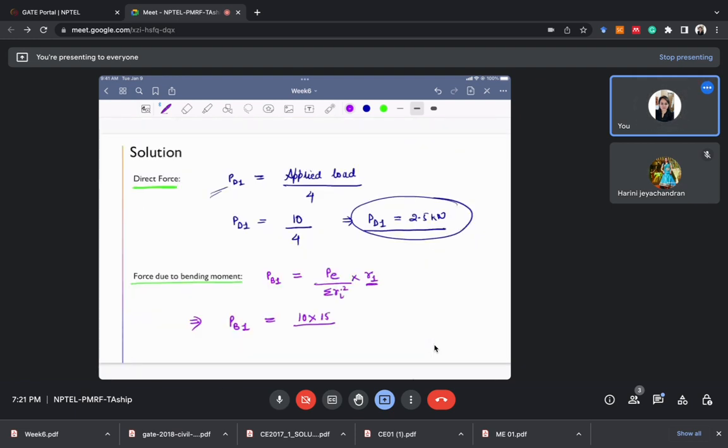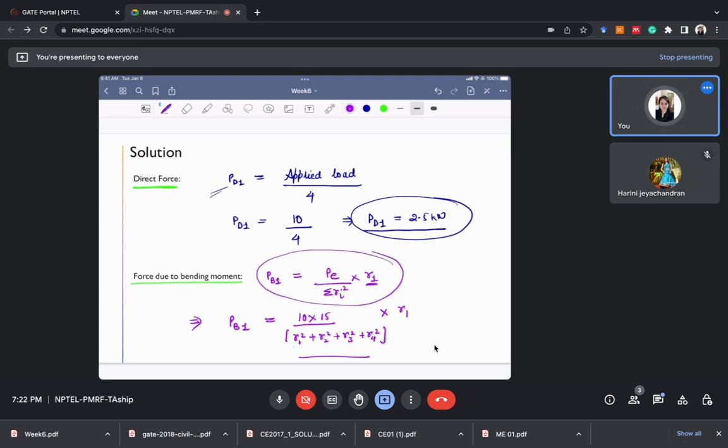And summation of Ri square means R1 square plus R2 square plus R3 square plus R4 square, as there are 4 bolts, multiplied by R1. So we will write the formula like this. Very simple, you just need to remember this formula.